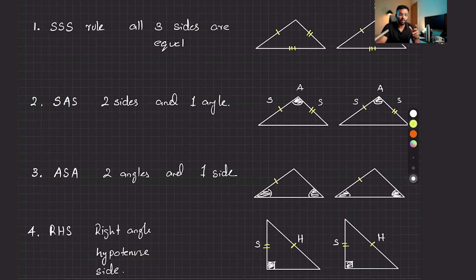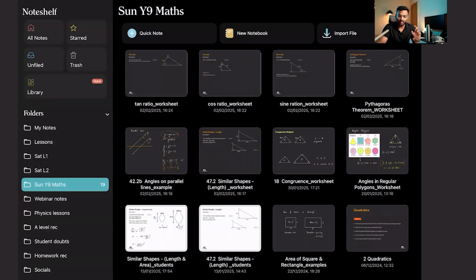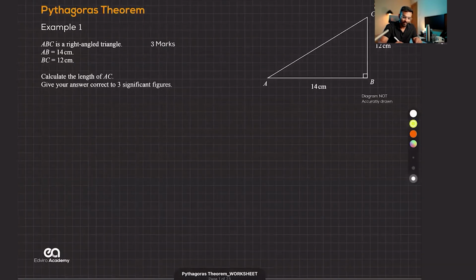Here's the thing: Pythagoras can come up in a calculator and non-calculator paper. So let's start with Pythagoras. We will finish the content for today in about 45 minutes, and then we will come back to this revision session.